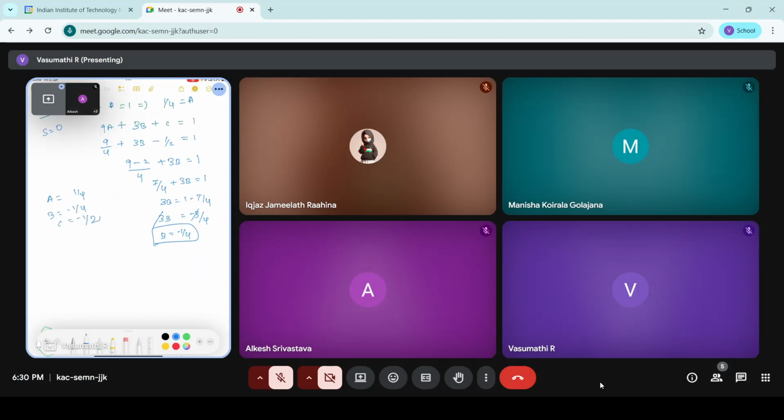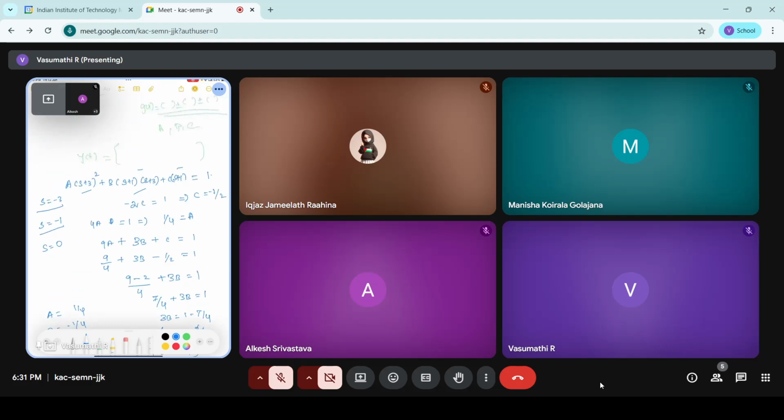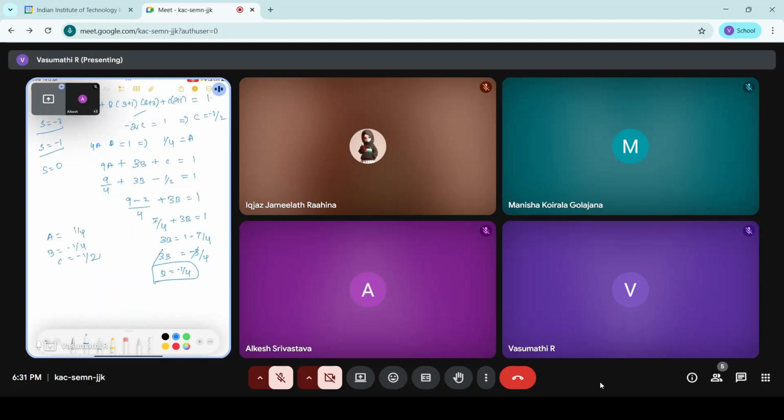Right. So if we write it like this, where it was A by S plus 1, so 1 by 4 by S plus 1 minus 1 by 4 by S plus 3 minus 1 by 2 by S plus 3 the whole square.